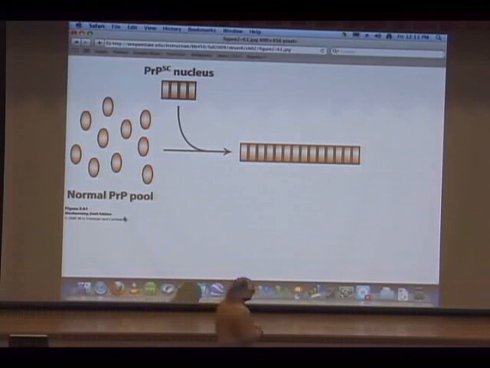And a man named Stanley Prusiner, who everybody laughed at when he proposed it, and who later won the Nobel Prize for his proposition, said that the problem is that this is not an infectious thing like a virus. It's not an infectious thing like a bacterium, but instead the infectious thing is a protein. And that was, as I said, ridiculed.